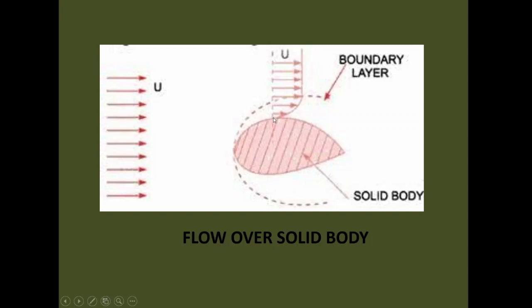So you can see here, this is the velocity pattern, here the velocity is 0. But as the fluid particles move away from the boundary, the velocity will increase and it will result in the variation of velocity with velocity gradient. As the velocity varies from point to point, there will be a velocity gradient, that is du by dy.